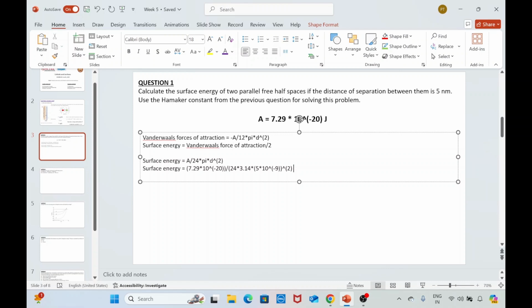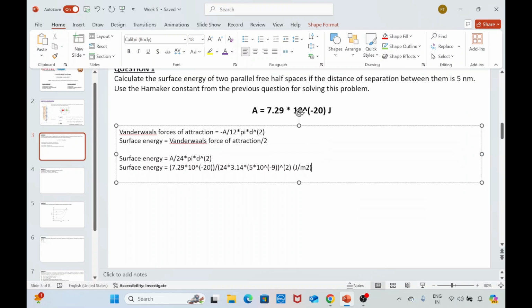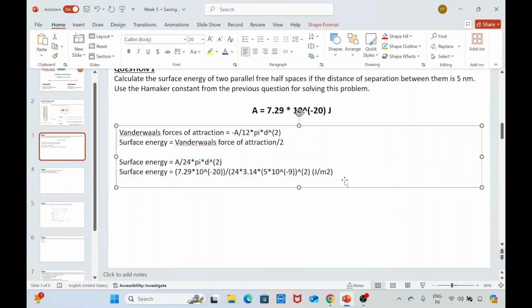The Hamaker constant unit, as I keep repeatedly saying, is joules. 24 does not have a unit, pi does not have a unit, and the last thing left is d square. d is in meters, so it will be meter square. Now what is the value of this expression?